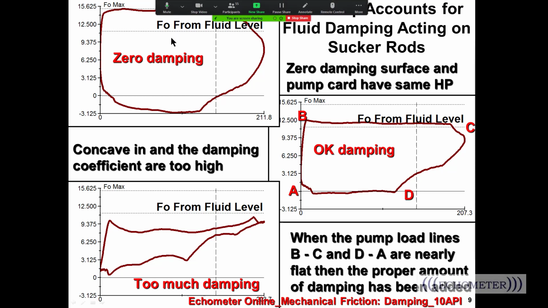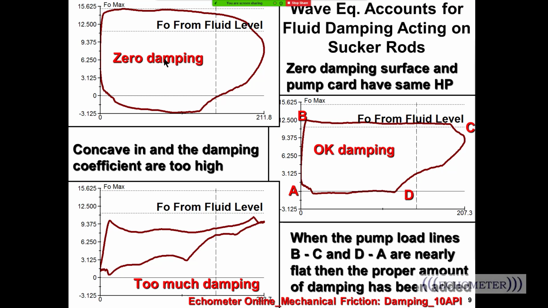And this is the basic way the wave equation handles the damping factor. The damping factor is in the wave equation, and it represents a frictional force that's acting on the rods, not from the rods on tubing, but from the fluid rubbing on the rods, and that's typically how the horsepower is removed from the surface down to the pump.